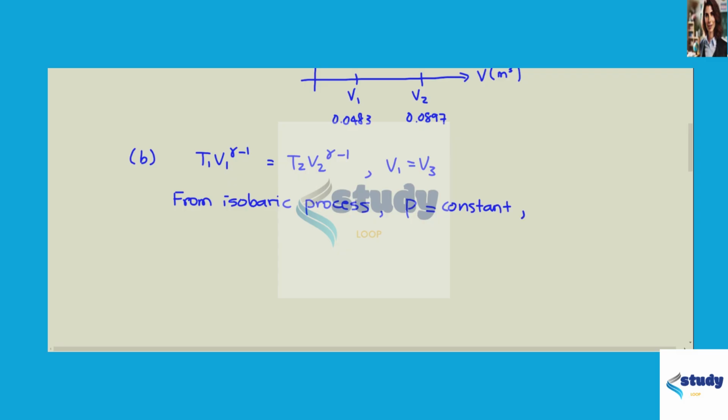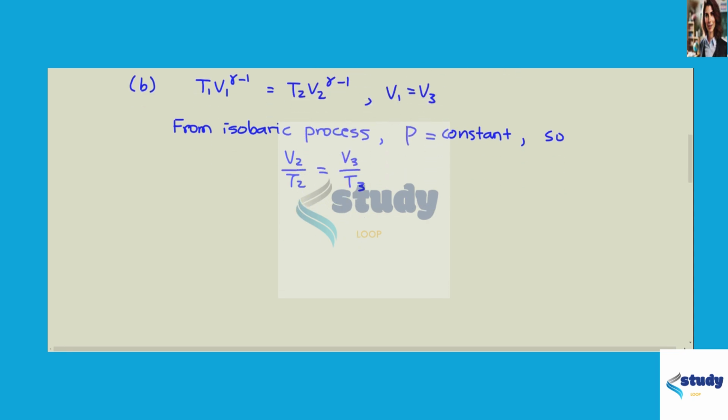So V2 over T2 is equal to V3 over T3. Since V3 is V1, it's V1 over T3 as well.